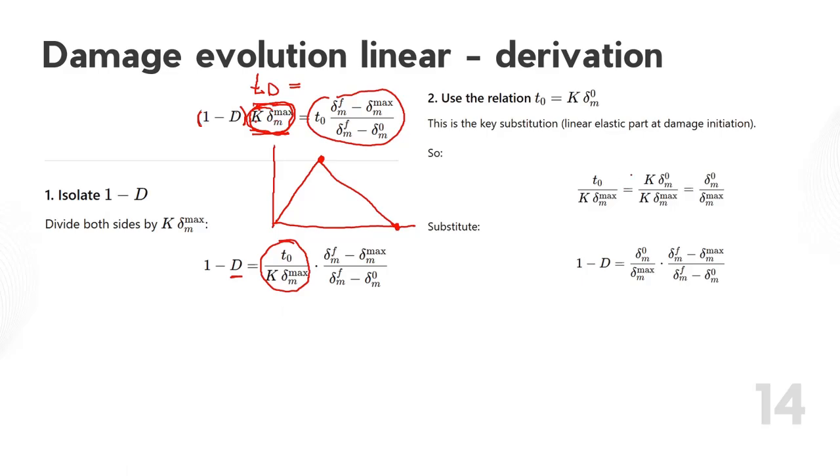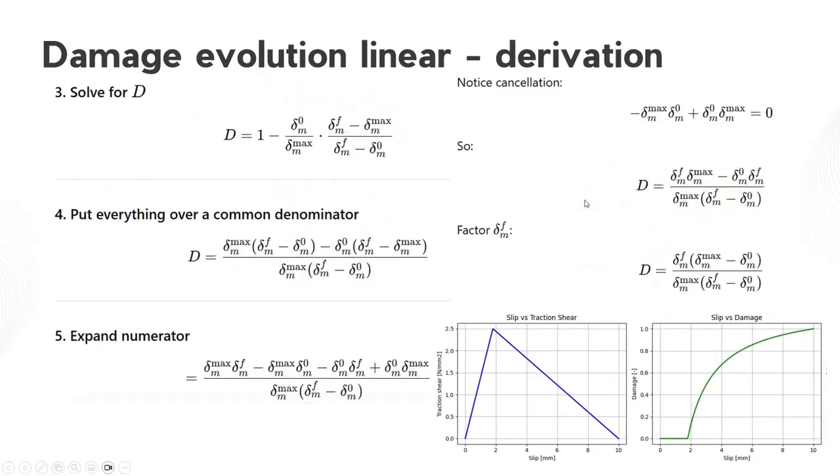So once I do some substitution, T0 divided by K times delta m max is this part. Once I extend it with a K, I can delete the dependency on the stiffness. So you simplify the solution so that 1 minus d is equal to this fraction, this ratio, and I can move it forward.